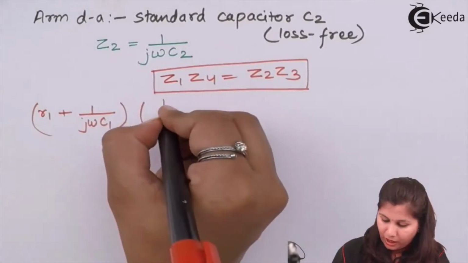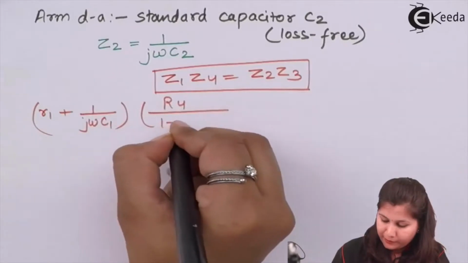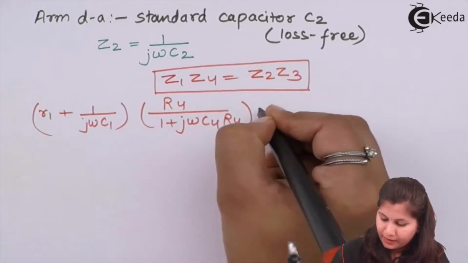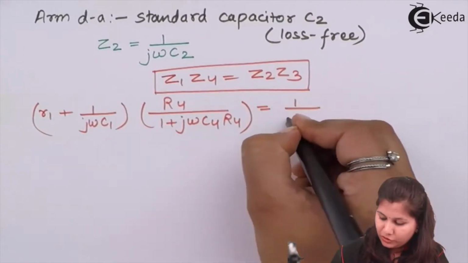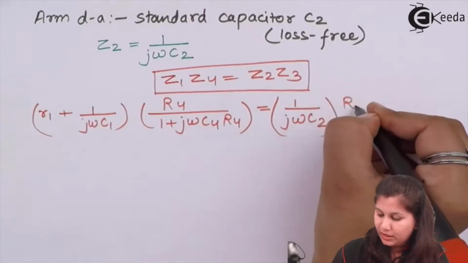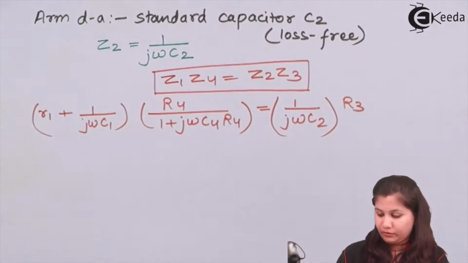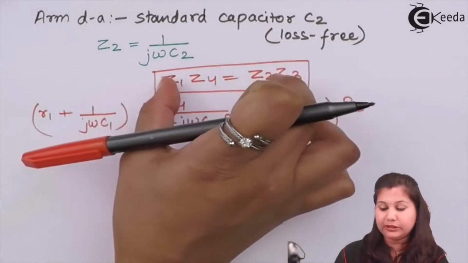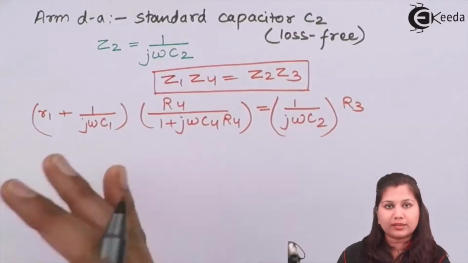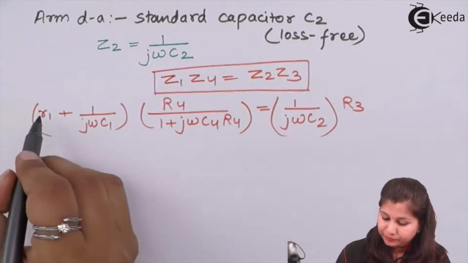Z4 is R4 upon 1 plus j omega C4 R4. Z2 is 1 upon j omega C2 and Z3 is R3. We have just put the value of all the impedances in this balance equation. Let us simplify this equation.